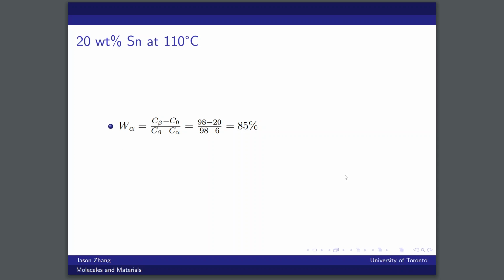Now we can use the lever rule to determine the amounts of each phase we actually have. We can calculate that it would be 85% alpha and then 15% beta, just using this lever rule we have here.